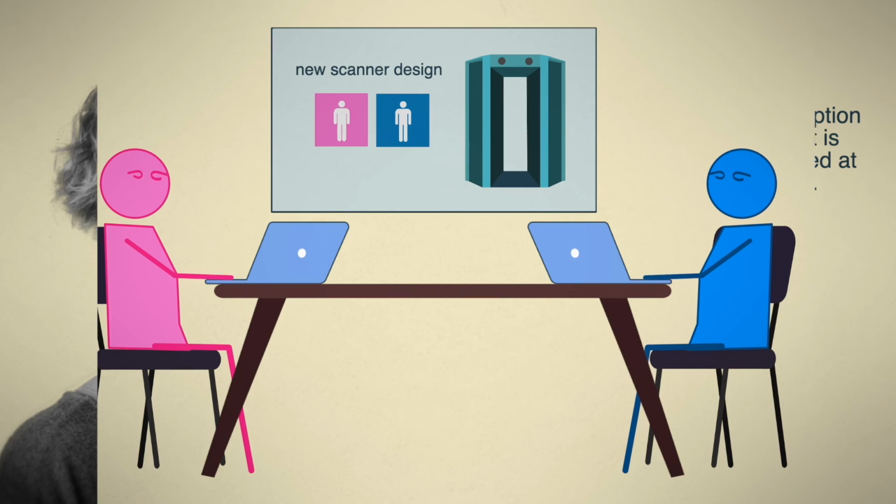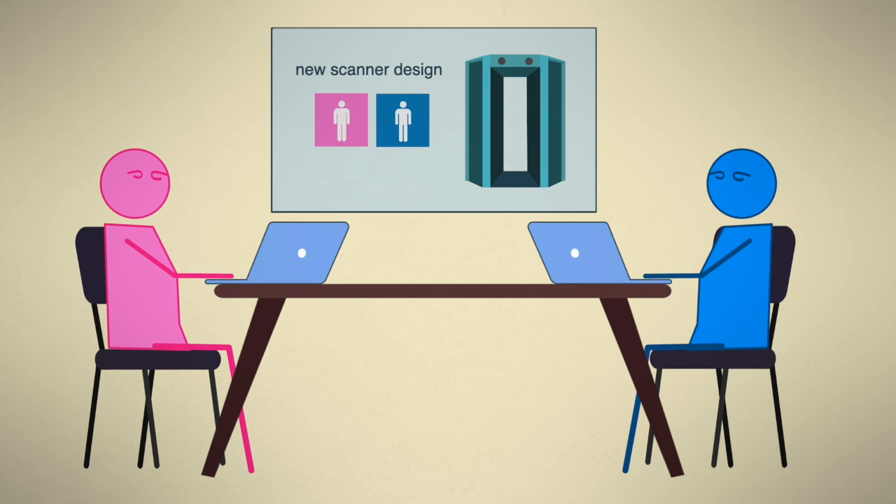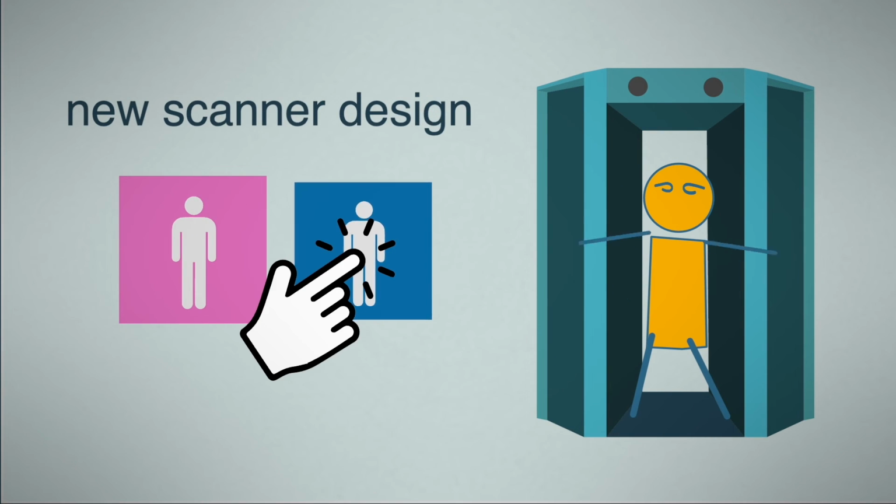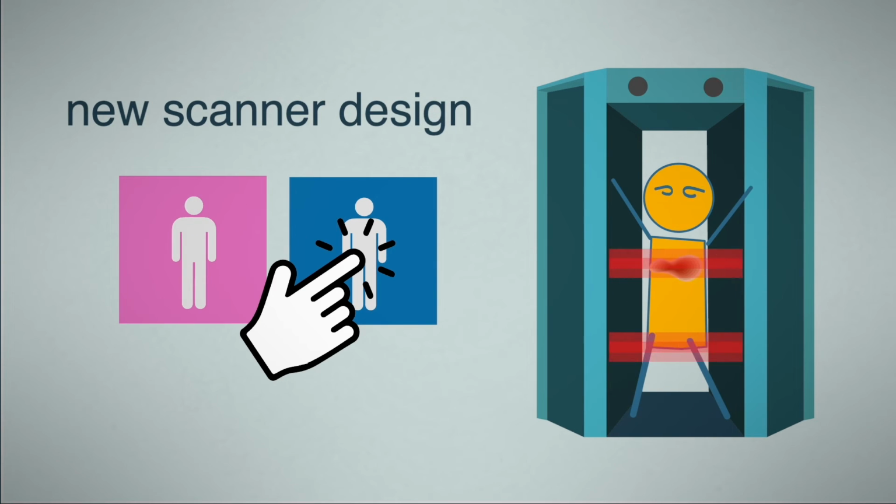In other words, because scanners and accompanying surveillance algorithms are designed primarily by cisgender people, scanners sound the alarm when they detect a so-called anomalous body type.